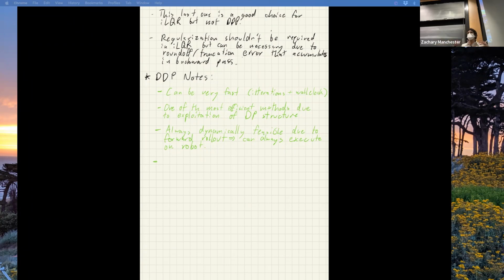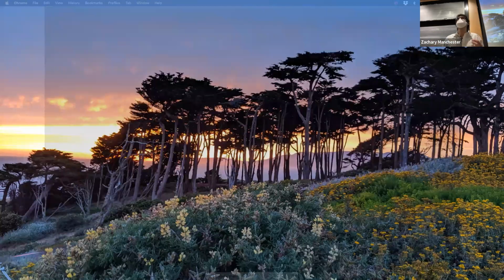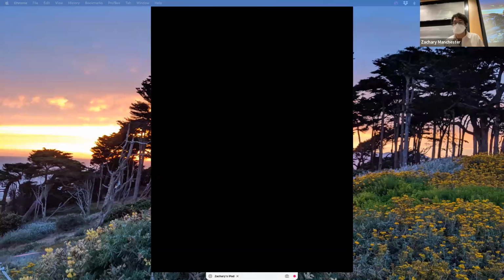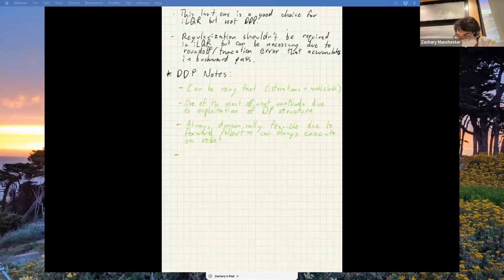If I had magic infinite compute and I could solve the full dynamic programming problem and find the globally optimal feedback policy, the LQR policy would be the local small deviation version of that. So for small deviations, LQR is as good as the fully optimal dynamic programming solution. That's a cool deep result: LQR is good, and you get that for free out of these things.